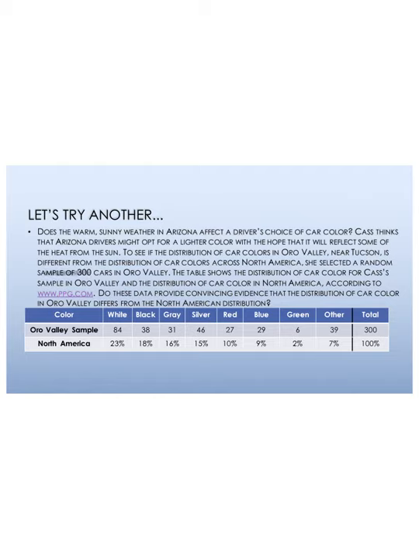We have a random sample of 300 cars, and we have the distribution of car color in North America. We have provide convincing evidence, distribution of car color differs from North American distribution.